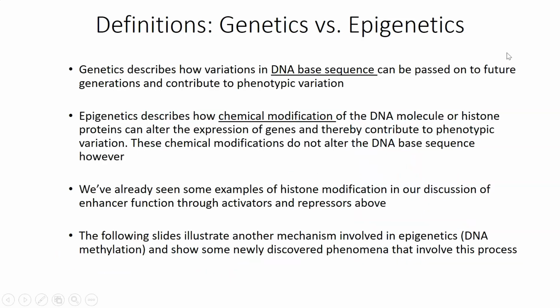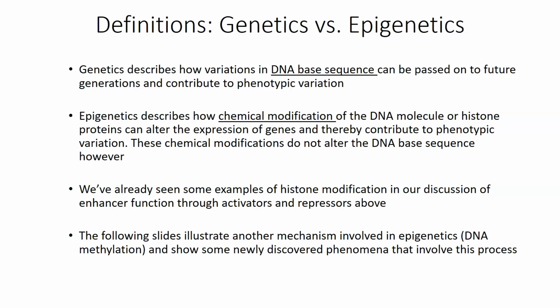I just want to contrast genetics versus epigenetics and point out the main differences between them. Genetics is all about how the DNA sequence, the base sequence, can code for something or how it can be passed on, and it can even be mutated. That's the topic for the last module.